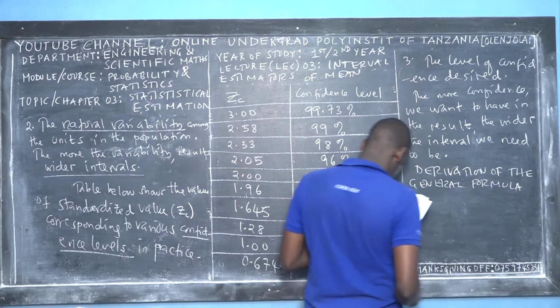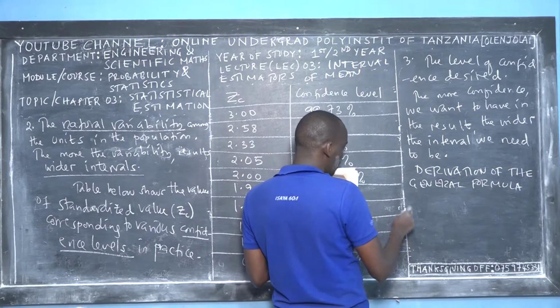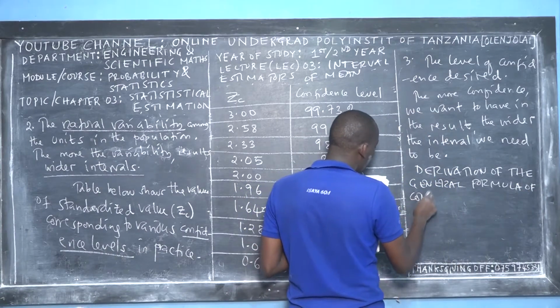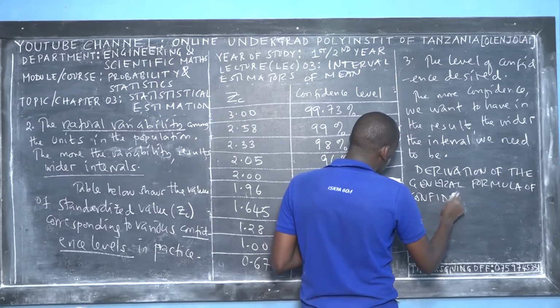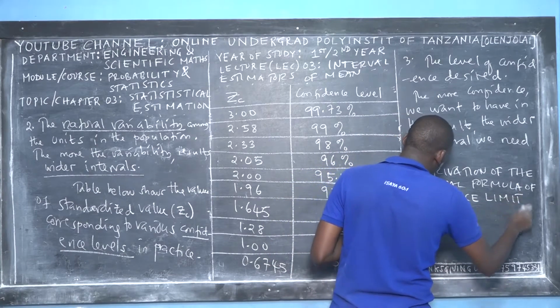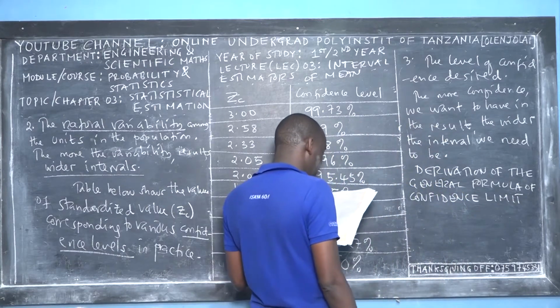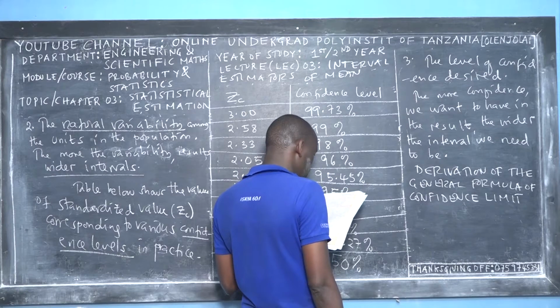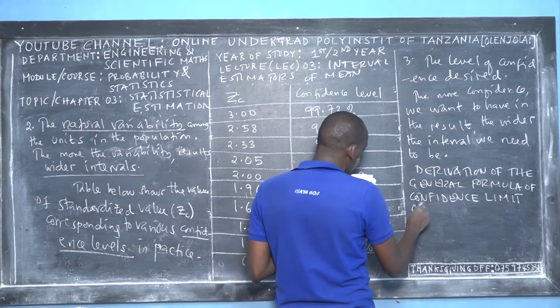General formula of confidence limit, that is, how we can write a general formula to find the confidence limit of the mean.